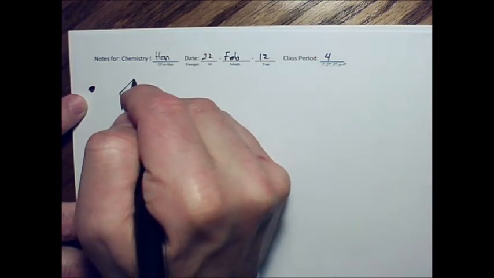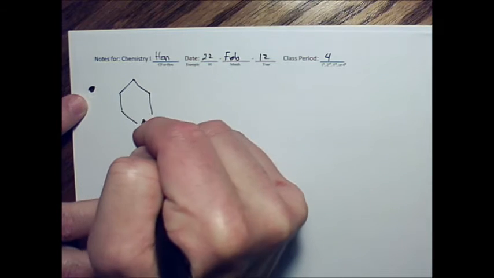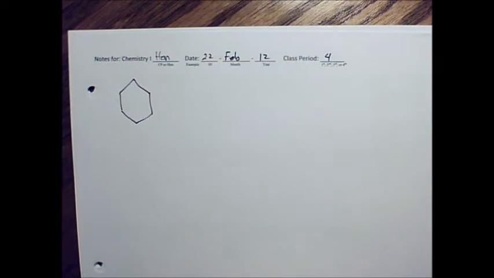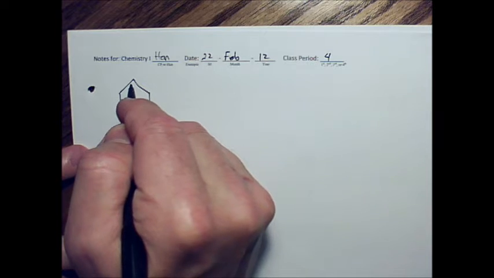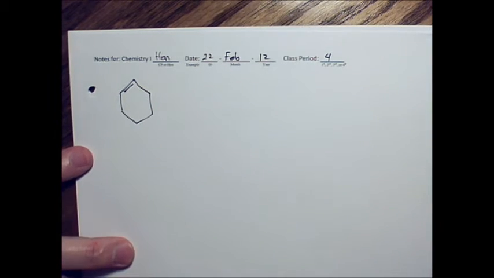So let's see. We've already figured out how to name this. What do we call that? Cyclohexane. If I put a double bond in here, then what are we going to call it? Cyclohexene.